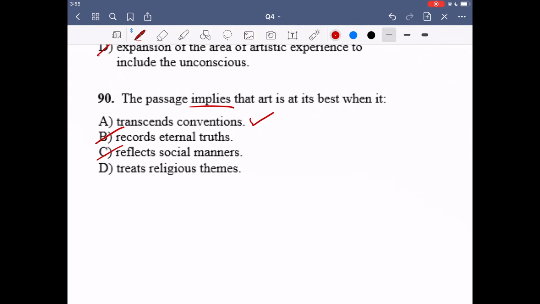Option C, that it reflects social manners. Once again, this is something that's not really getting at what the main point of the passage was. The author used social manners as the main thing which they talked about, so that was discussed a lot in the passage, but they were just saying that okay, this is one example.